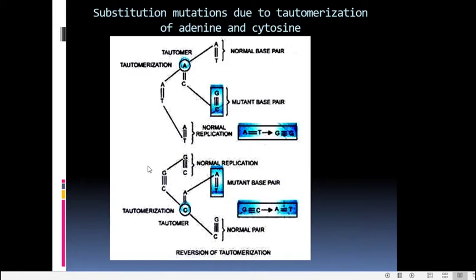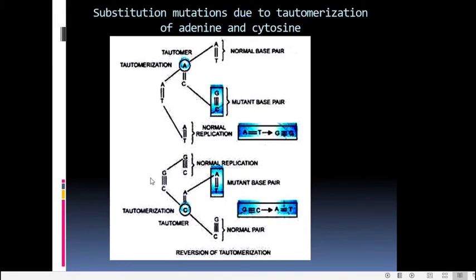Similarly, if cytosine is in the amino form, it will only pair with guanine. But if it is in the tautomeric or the imino form, it will pair with adenine. So here you can see that these nitrogen bases will undergo abnormal base pairing when they are in their tautomeric forms.